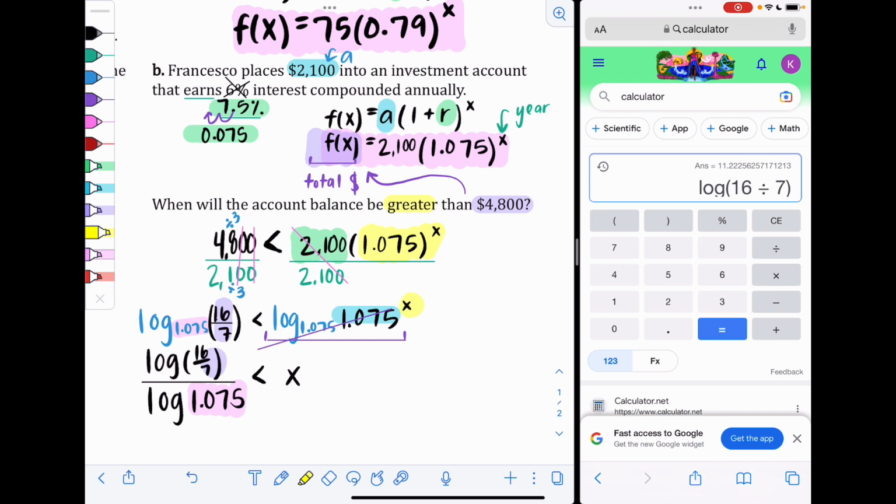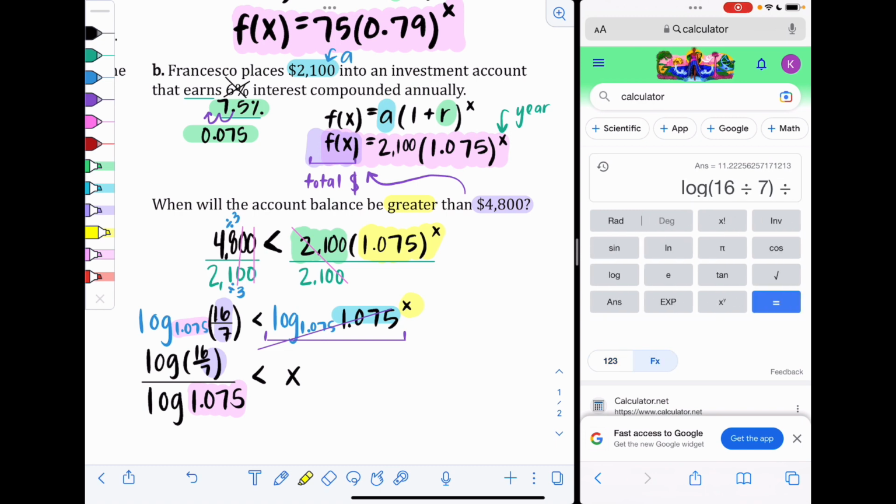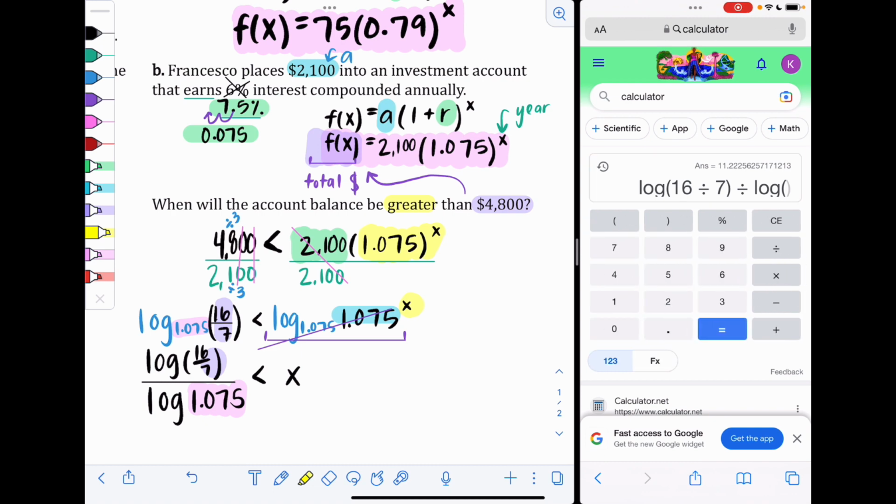Make sure you close the parentheses, and then divide again to get the denominator, and then go back to log of 1.075. So that says log of 16/7 divided by log of 1.075, and it's about 11.4.